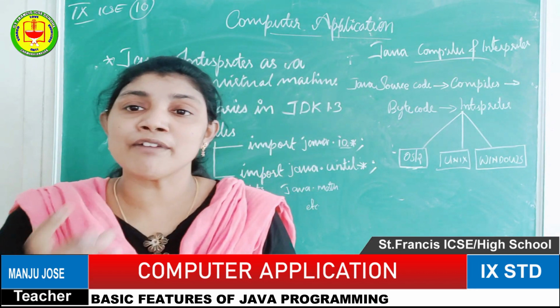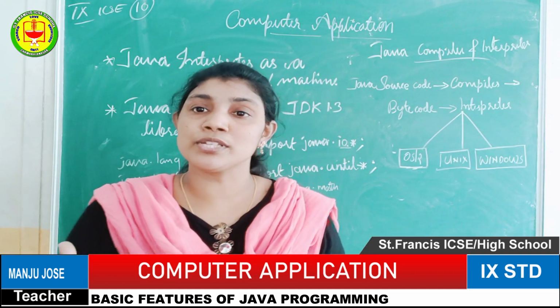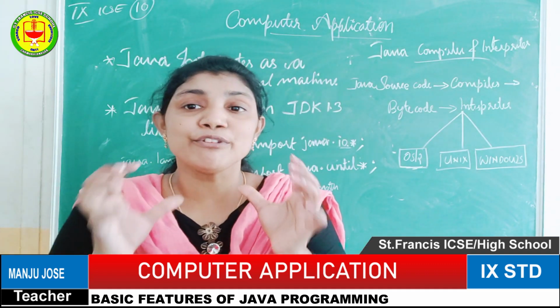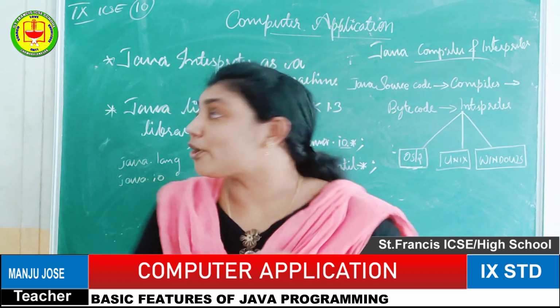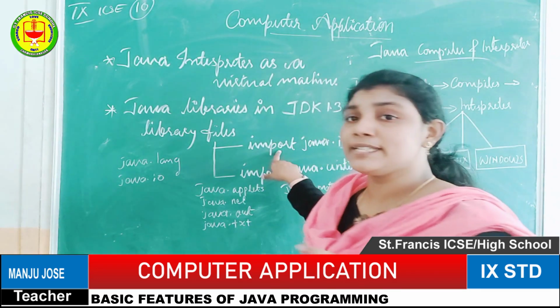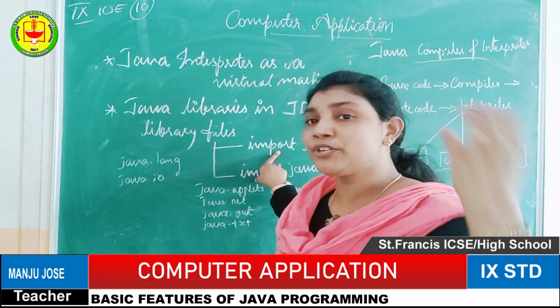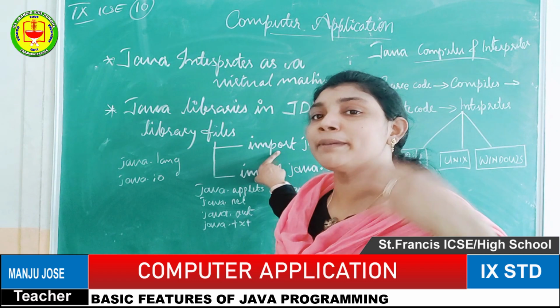How does Java import or access files from other sources? It uses a command called the import command, which is used to import extra files from different sources or other libraries.